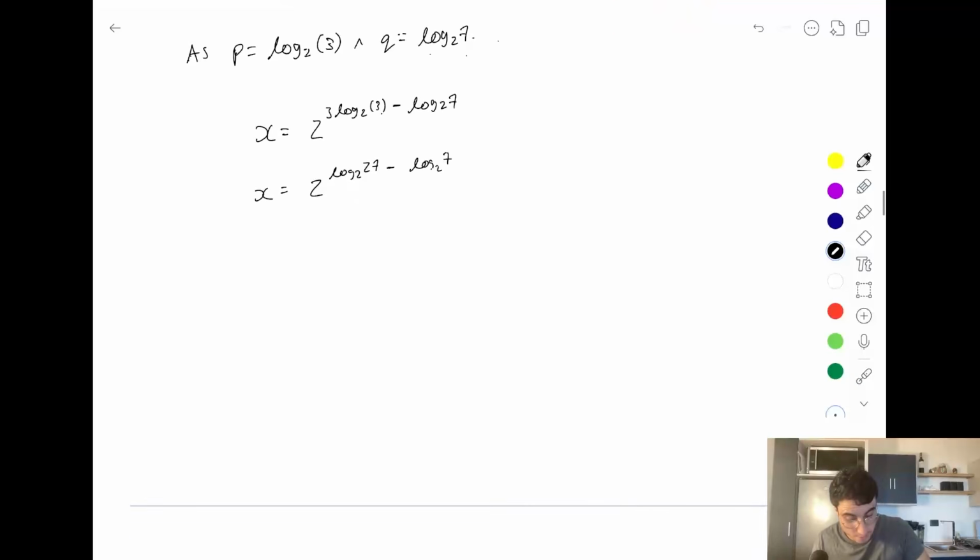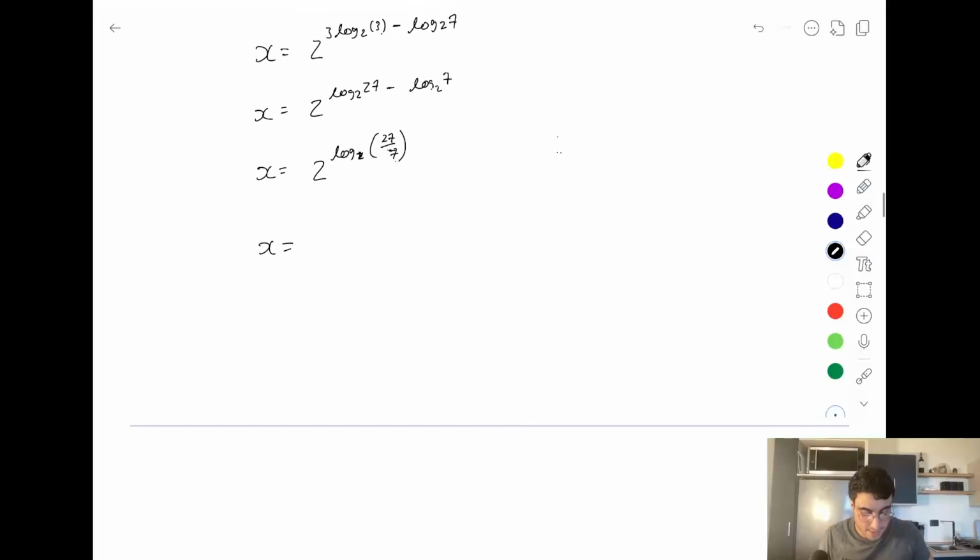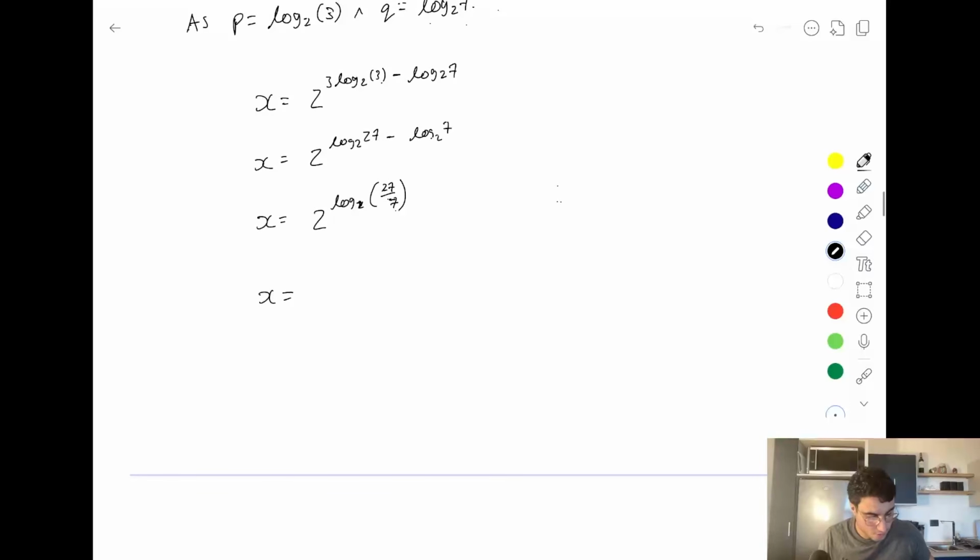So eventually what we get, guys, is x is equal to 2 to the power log 2, 27 over 7. Okay, which means that what we're going to get then is, look, we've got 2 log 2 here, so therefore x is going to equal 27 over 7 as your final answer.